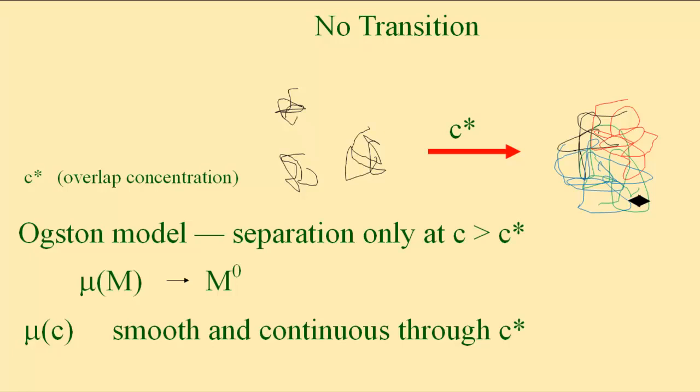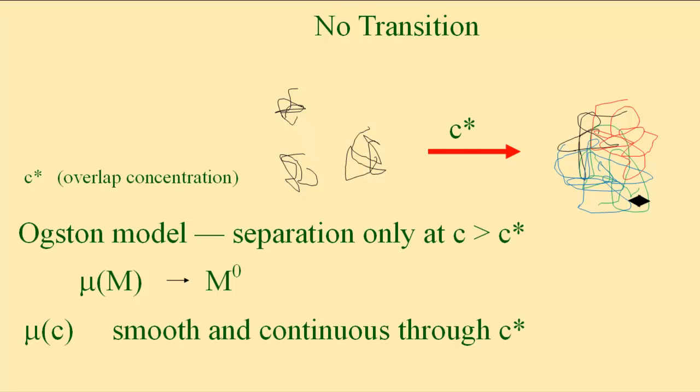Noteworthy in this discussion and these measurements are the transitions that are not being seen. There's a transition concentration in some models, the overlap concentration C star. At low concentration, center of screen, polymer chains are well apart from each other. As the concentration is increased, you have more and more chains in the same space.